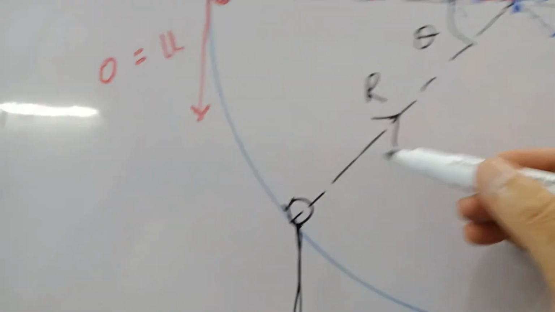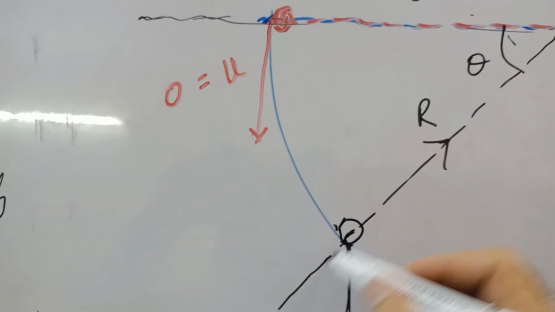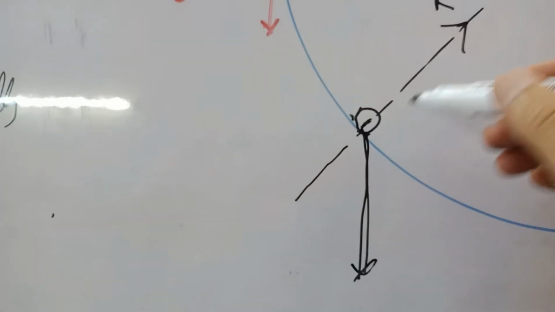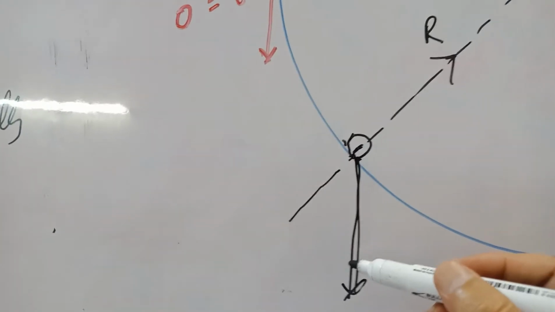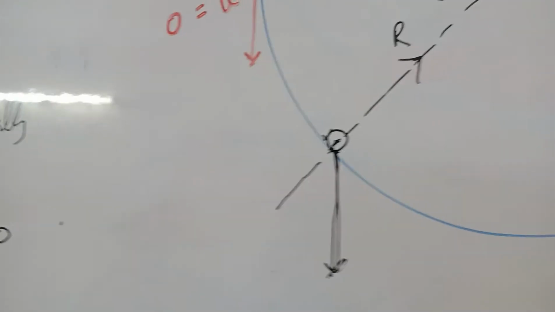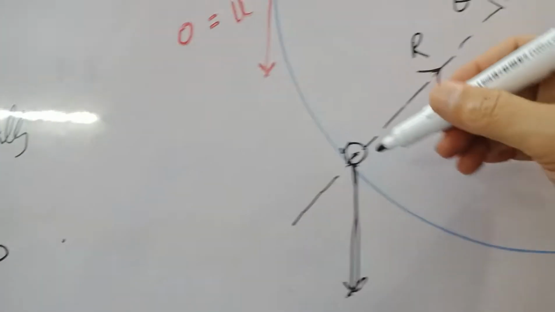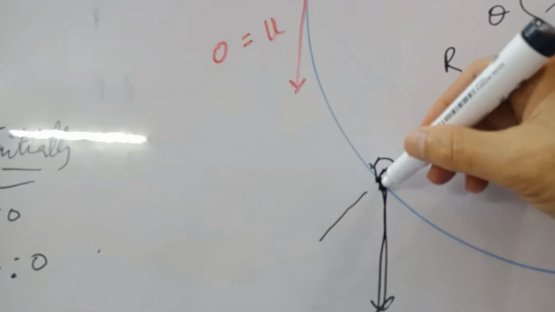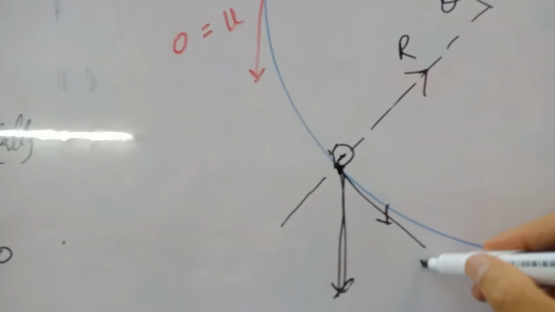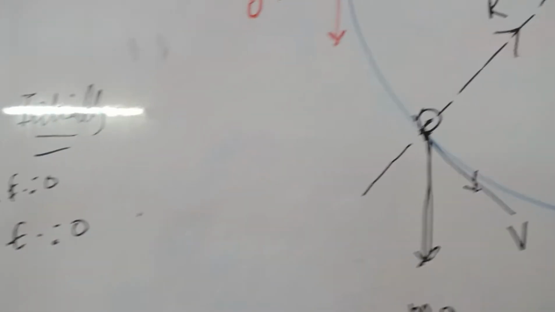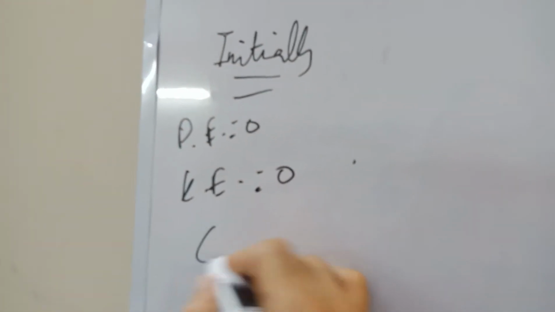Now let me resolve this weight so that I can determine this R. Before I resolve it, let me write what is happening generally. At this moment the speed is going to be v.